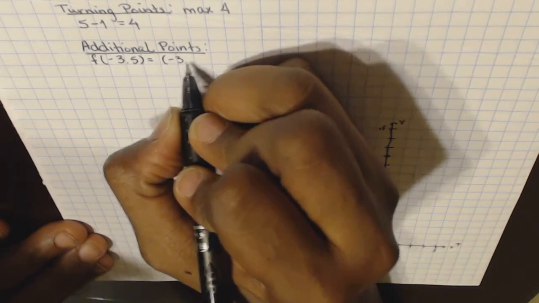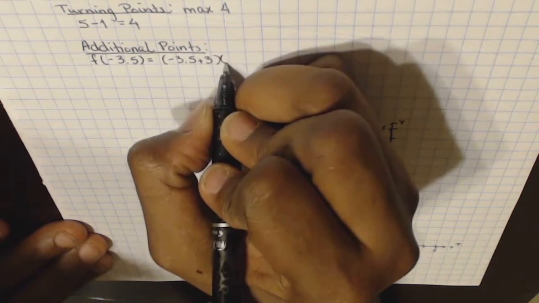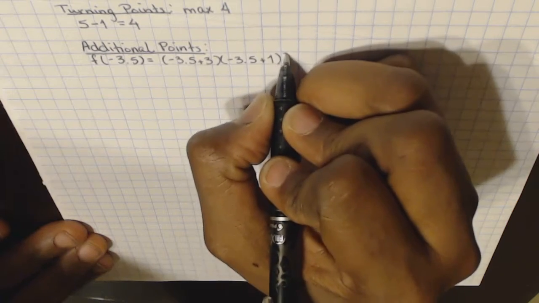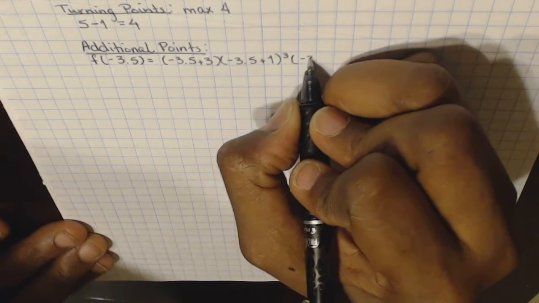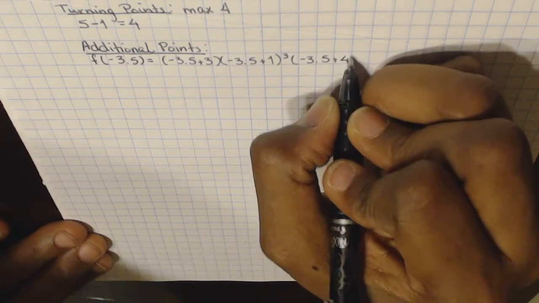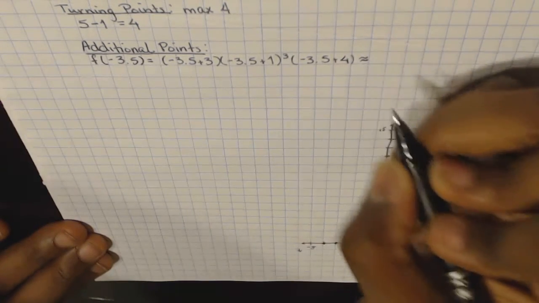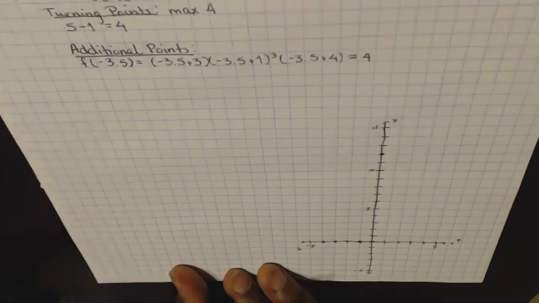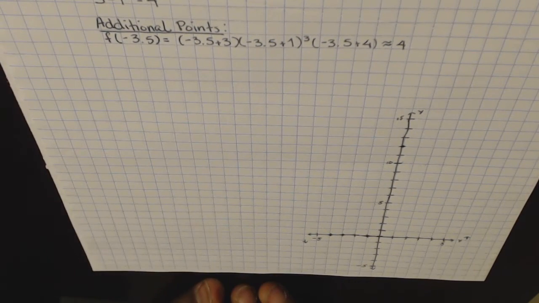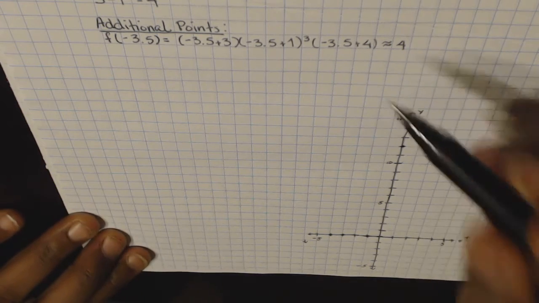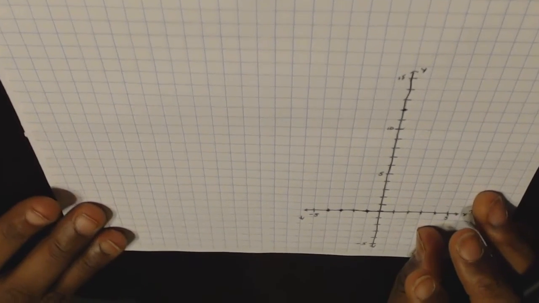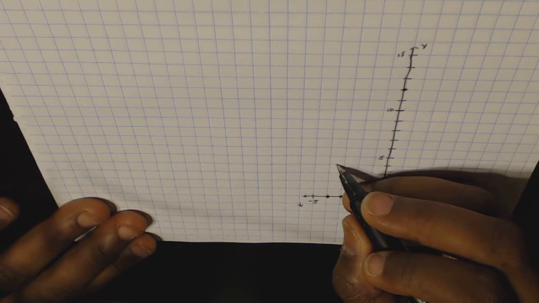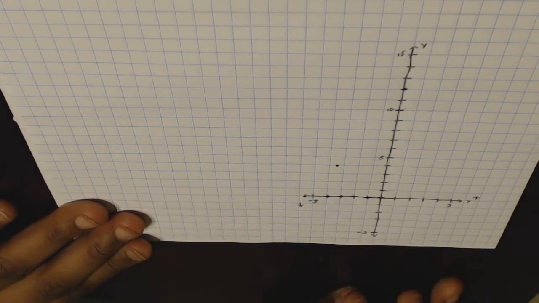So it's -3.5 plus 3 times -3.5 plus 1 quantity cubed times -3.5 plus 4. If I multiply all that out, I get approximately 4. About 3.9-ish to be exact. Approximately 4. So this tells me I have a point at -3.5, 4. So right about there is going to be a turning point.